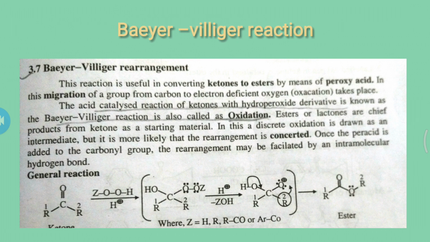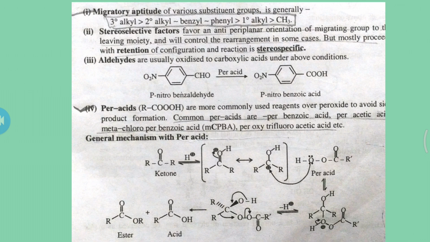So here is the migratory aptitude in the Baeyer-Villiger reaction. Tertiary alkyl has more migratory aptitude than secondary or benzyl or phenyl. Secondary alkyl, benzyl and phenyl have similar migratory aptitude, but greater than primary alkyl and then methyl.